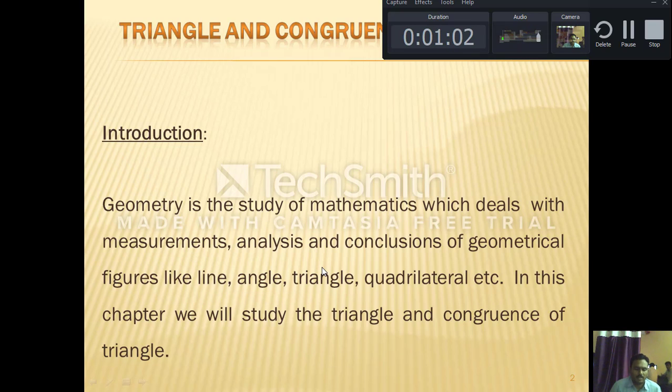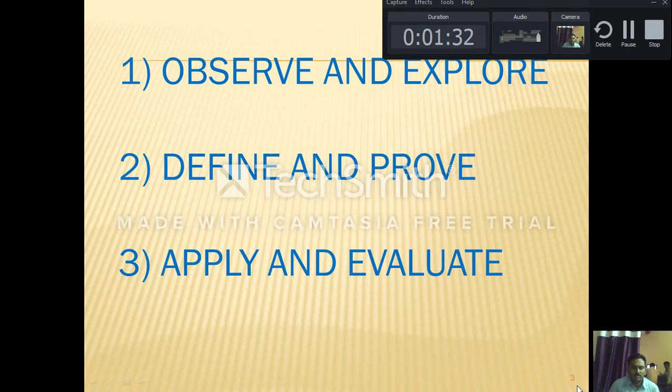In this chapter, first of all, I will give you the introduction about geometry. Geometry is the study of mathematics which deals with measurements, analysis, and conclusions of geometrical figures like line, angle, triangle, quadrilateral, etc. In this chapter, we will study the triangle and congruence of triangles.